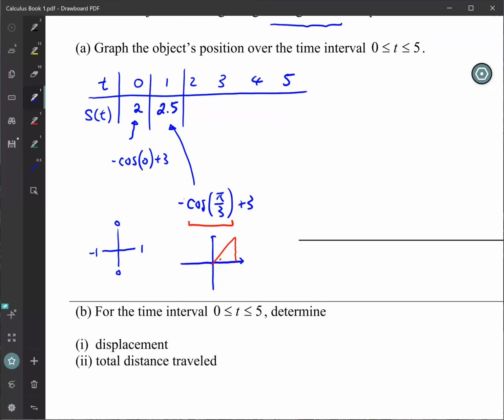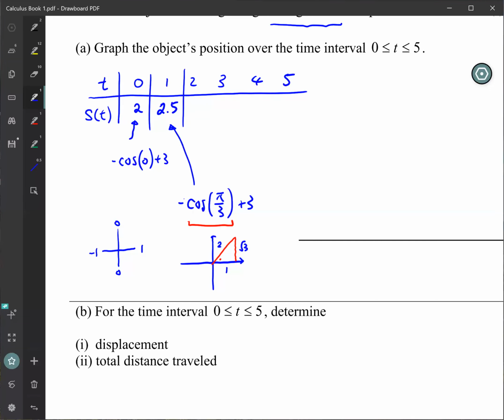Square root of 3. Yes, if it's a 60-degree angle, it will be the bigger number. And how long is the hypotenuse? Hypotenuse will be 2. And then the adjacent side, what's the last number? Do you remember? Square root of 1 or 2? 1. Yes, 1.